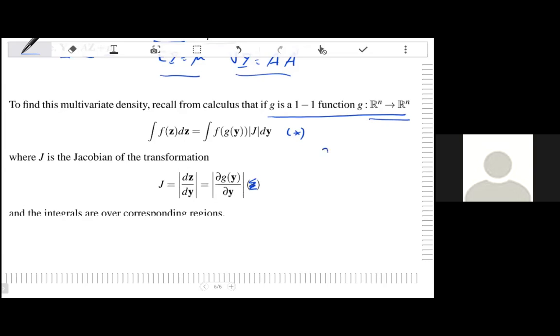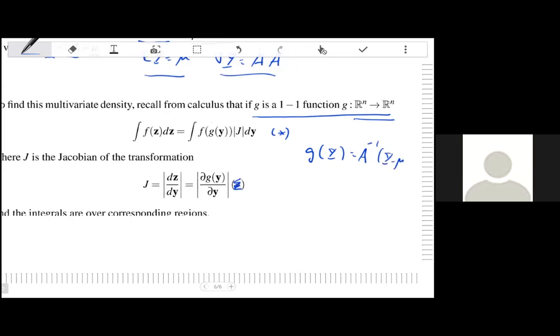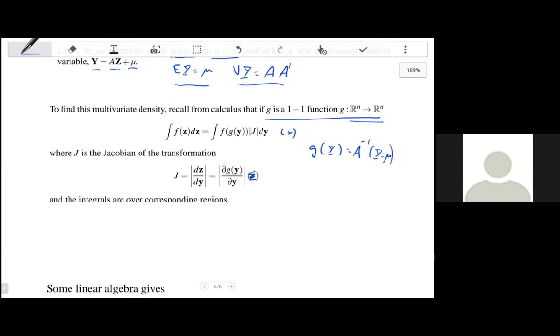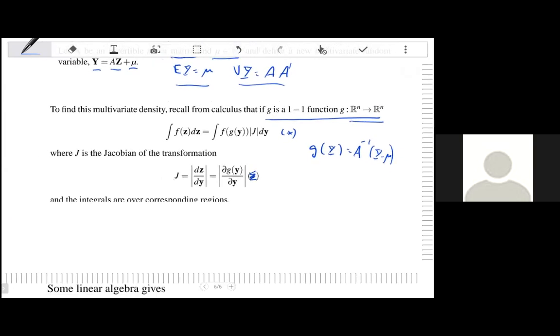Now you'll notice that this g is the inverse function of what we had before. So g of y in our case is A inverse times y minus mu, more or less, for our special case. But in general, this holds under appropriate minor assumptions on differentiability and so forth.